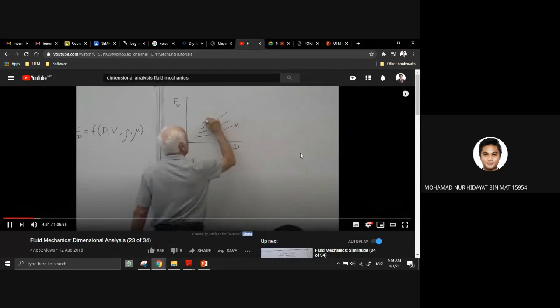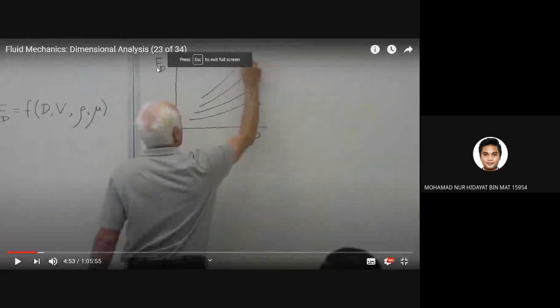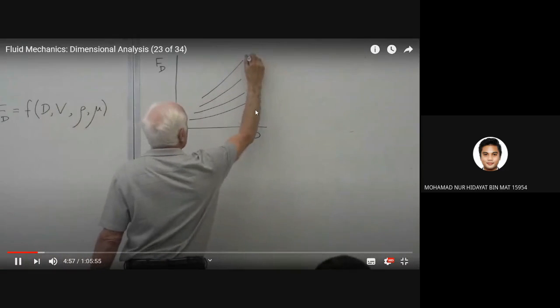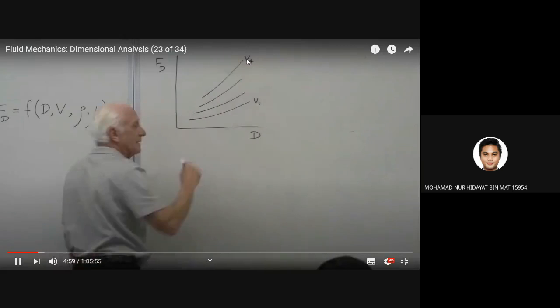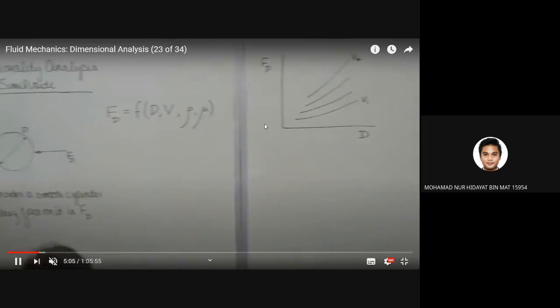Okay, this is how one person conducts the experiments of what we call here the drag force FD versus the diameter. So they conduct the experiments at different velocity.